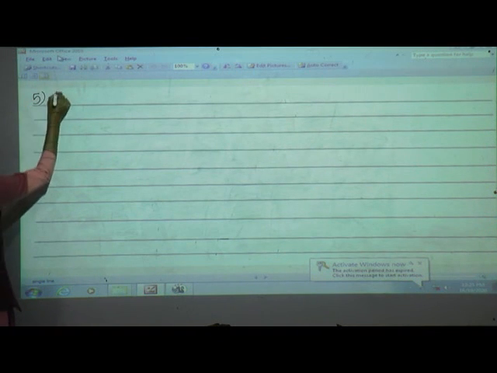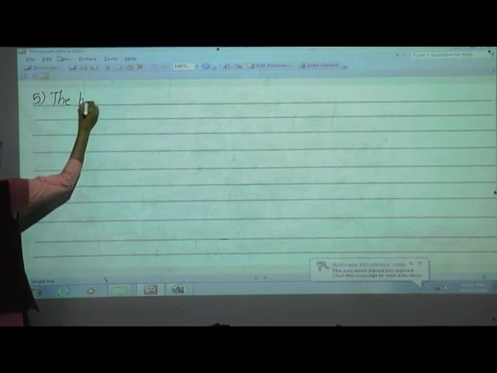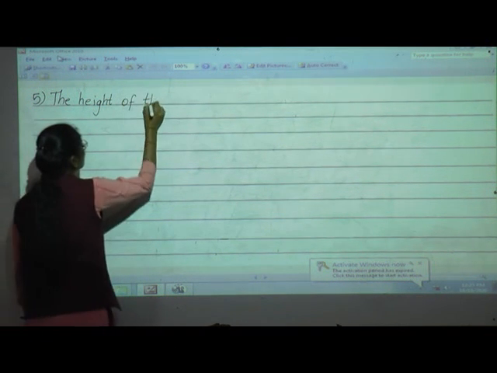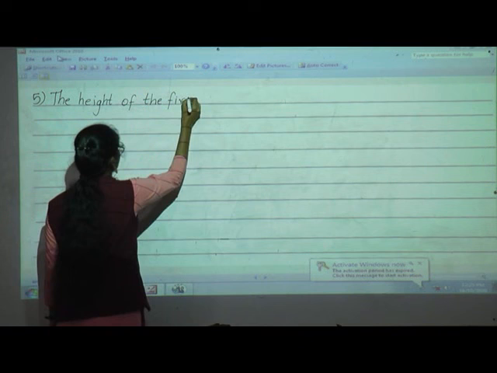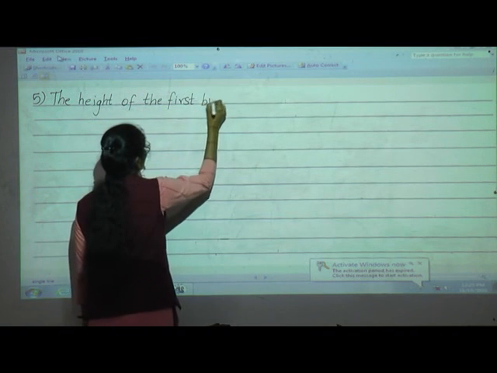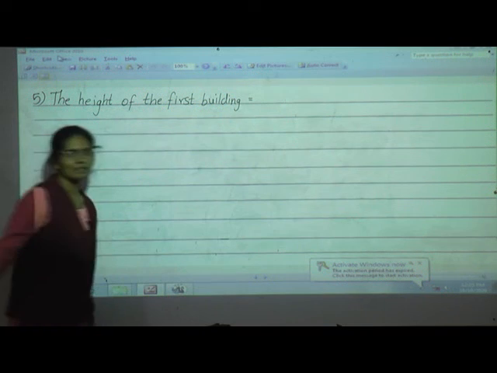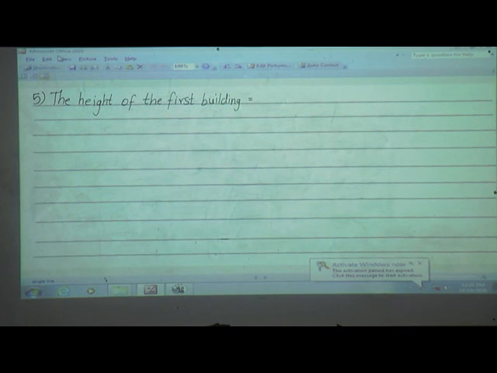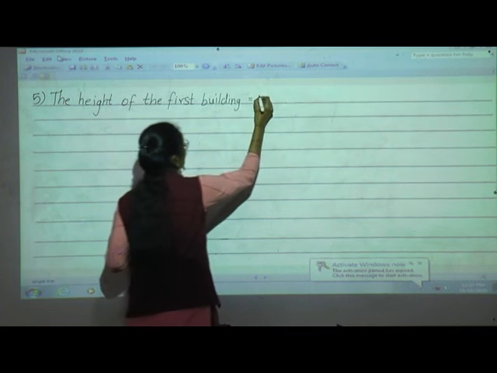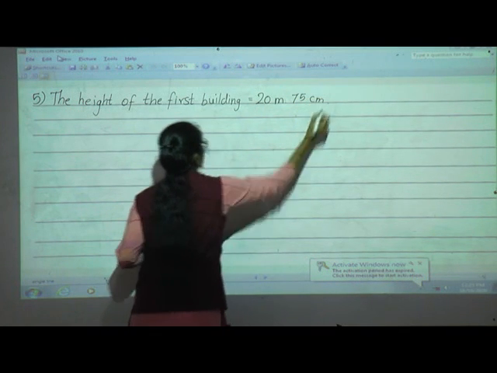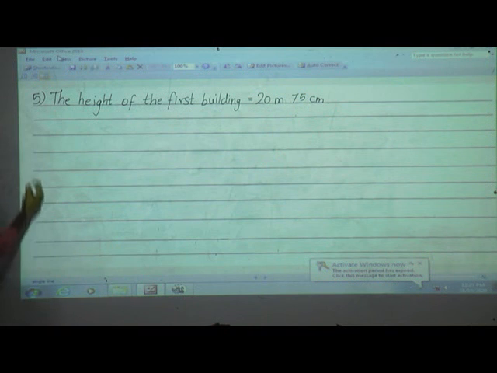So we will write here the height of the first building is 20 meter 75 centimeter. Now we will write the height of the other building.